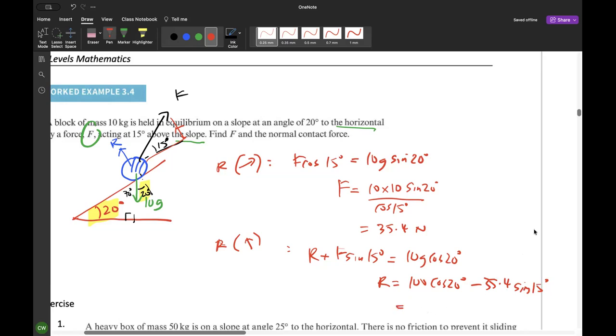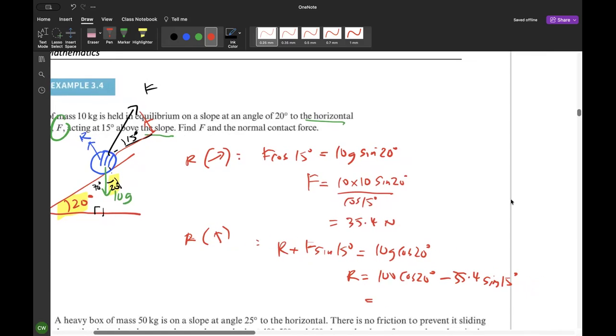Okay, what is the final answer? 10.3. Why 10.3? Okay, let me check.